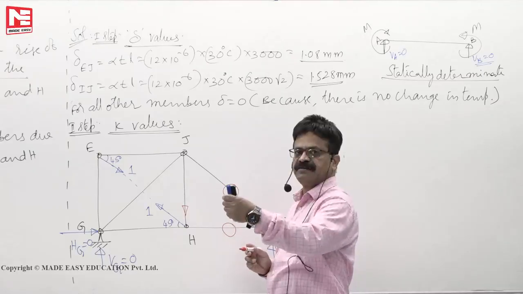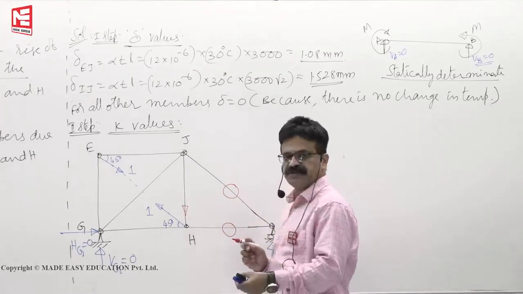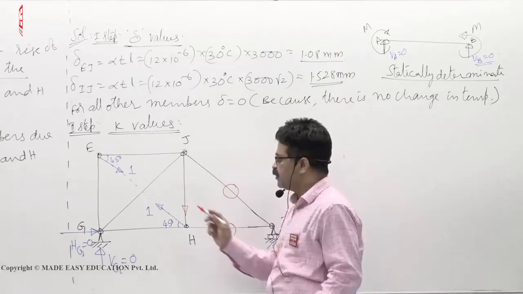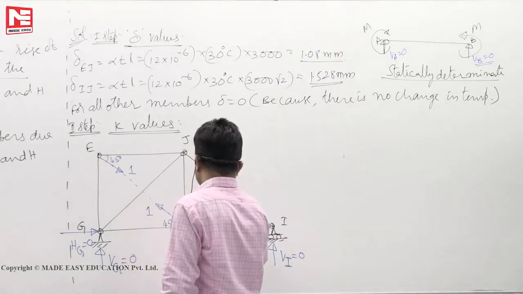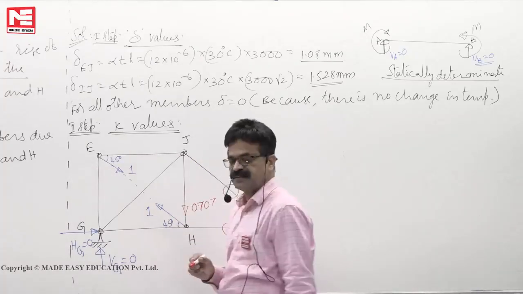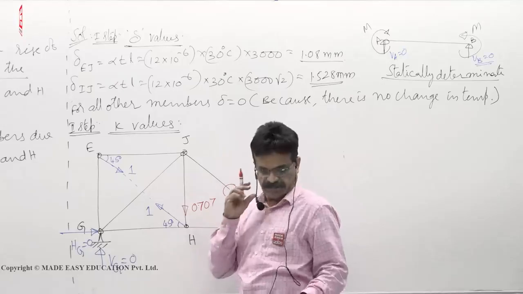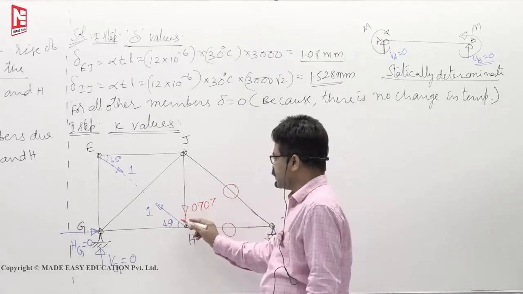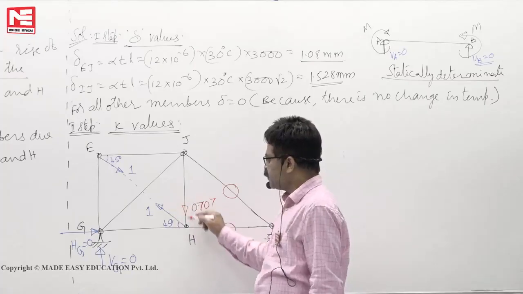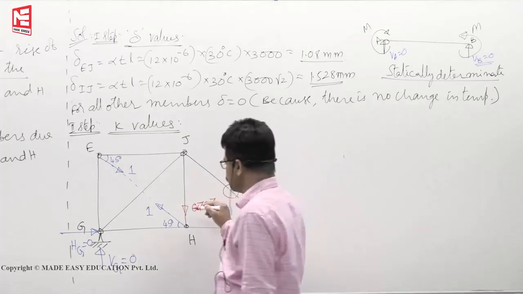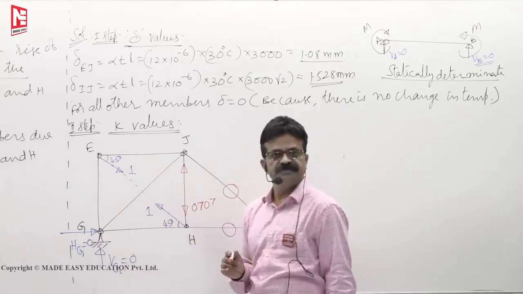Immediately you should not take a calculator: 1 into sine 45, that is 0.707. That much headache should not be there. You should be able to write 0.707. So you fix the arrow mark here. Now, because upward I have kept downward, and the arrow is towards the joint, here it should be towards the joint.